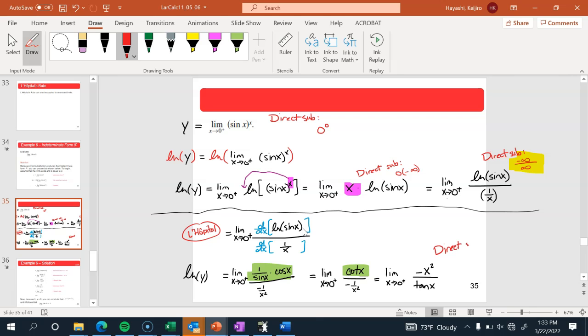Now, direct substitution at this point is going to give 0, and the tangent of 0 is also 0. So actually, we use L'Hopital's rule a second time. And I'm just going to skip the part where I say d over dx.